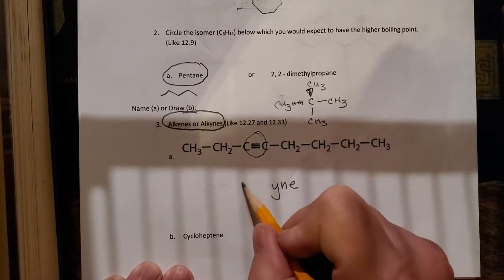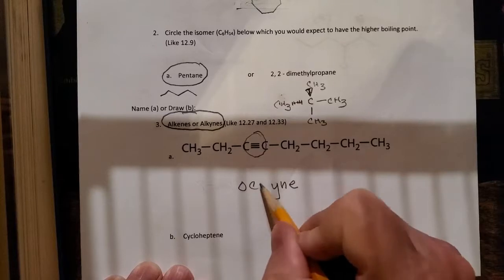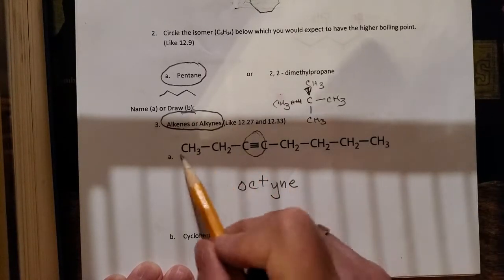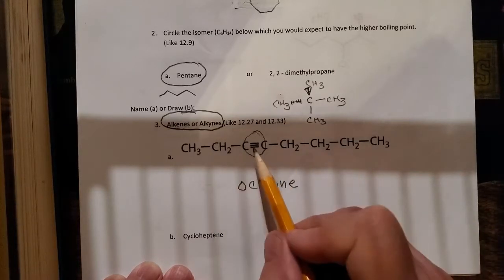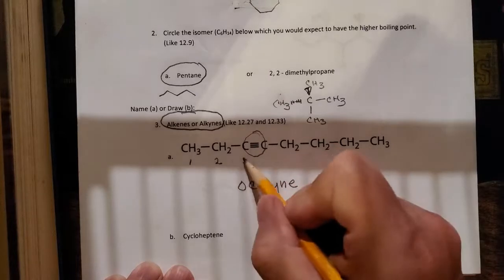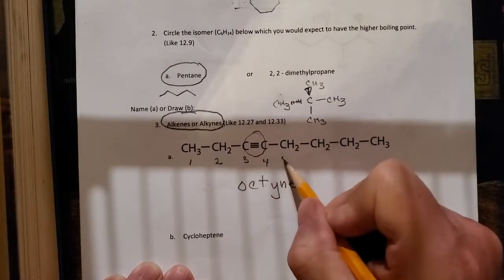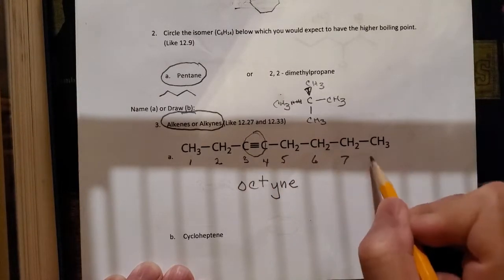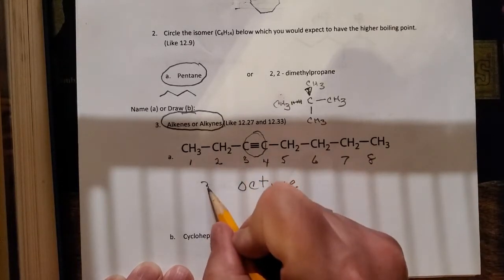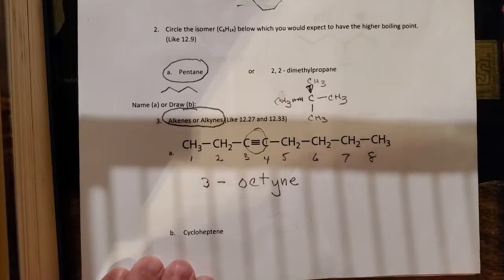So that's octyne, and we could count in this direction or this direction, but we get to the triple bond first in this direction. So that's 1, 2, 3, 4, 5, 6, 7, 8. So this is 1, 2, 3, 3 octyne.